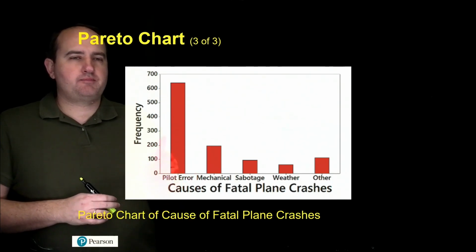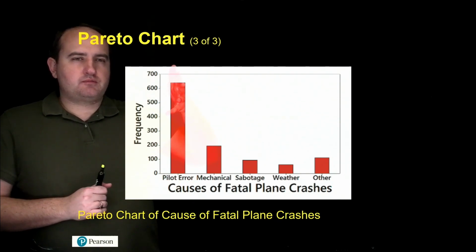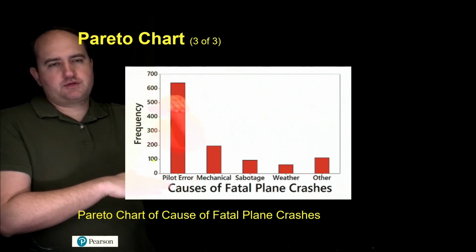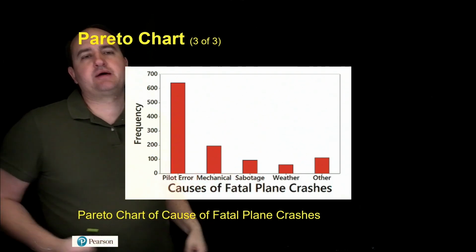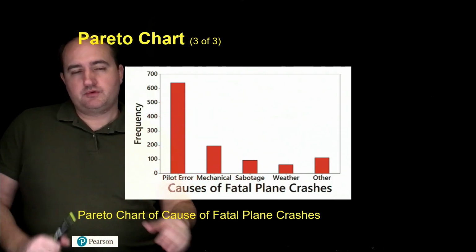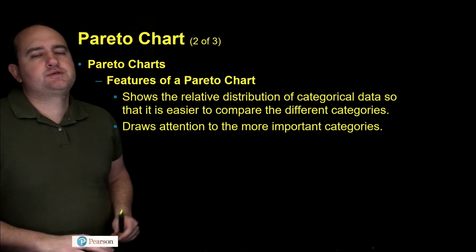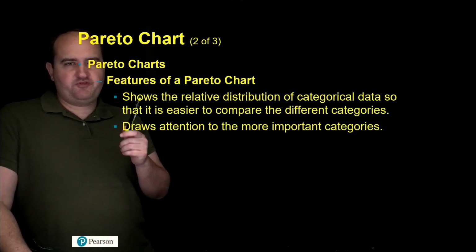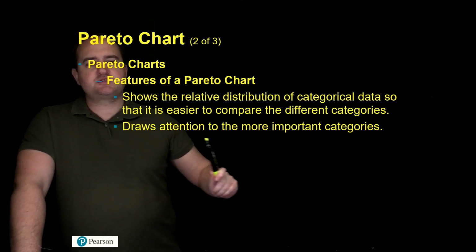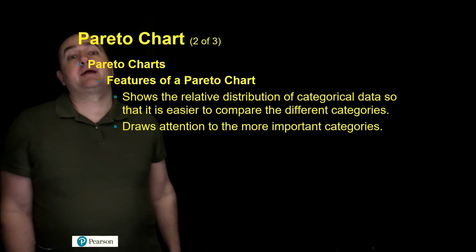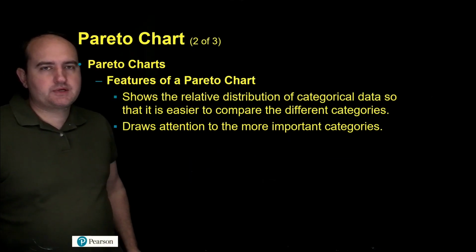With a Pareto chart, because the most important category is first, and then it decreases as you go from left to right, that's more helpful than just a regular bar graph. So as I was saying, a feature of a Pareto chart is that it draws attention to the more important categories because they're on the left side.